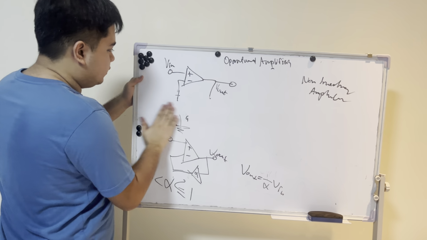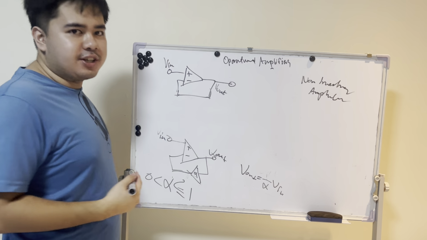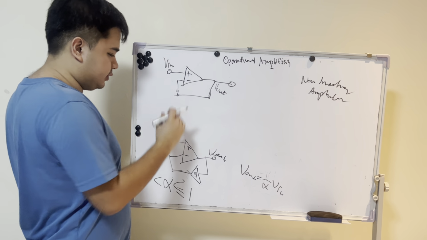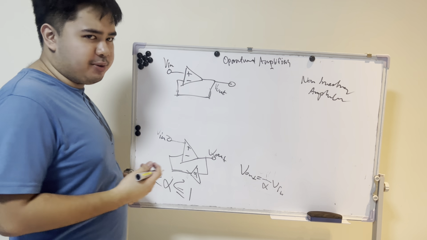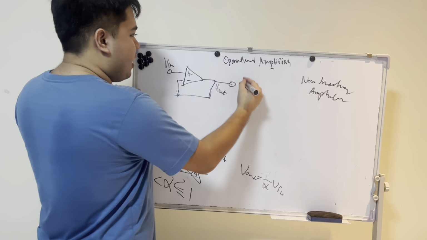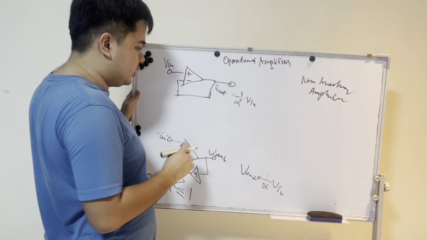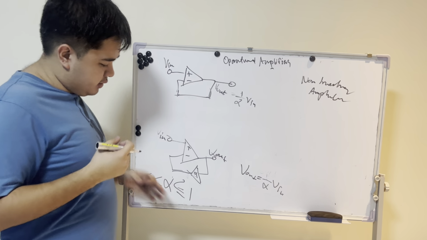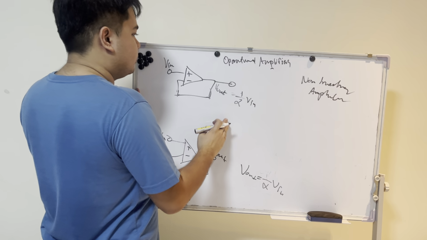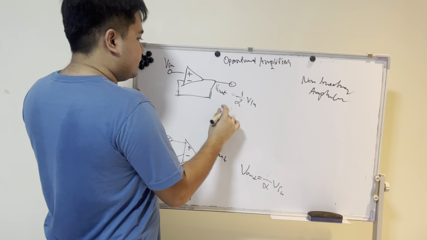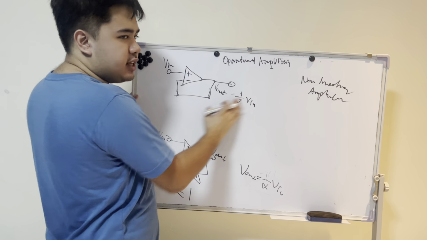Because the negative feedback here that we have set up actually has a really great consequence. Because V out equals 1 over alpha V in, where alpha is this value, this means the output is actually finite.